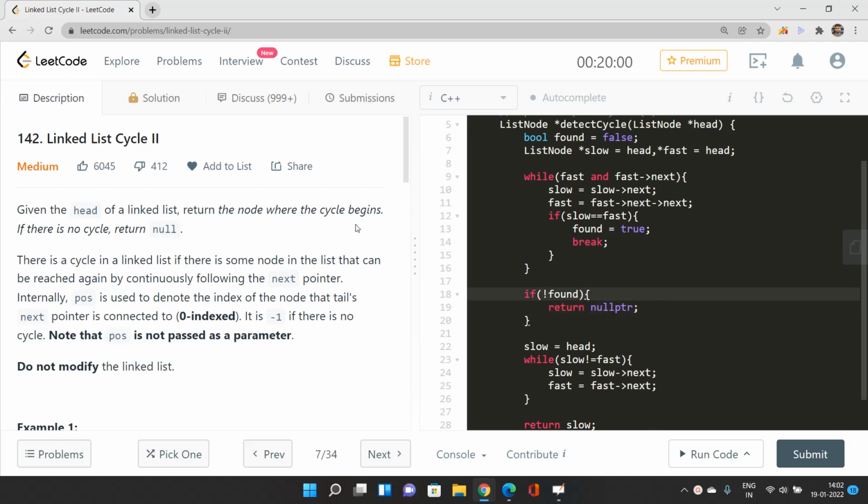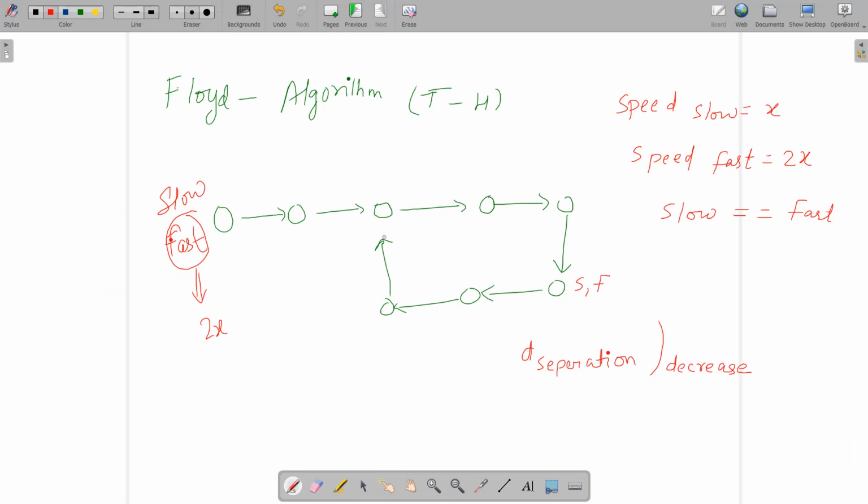Now the problem here is that if both pointers meet at some position in this cycle, the cycle exists, but how are we going to find this node? This is the node that we want, the starting point of the cycle.